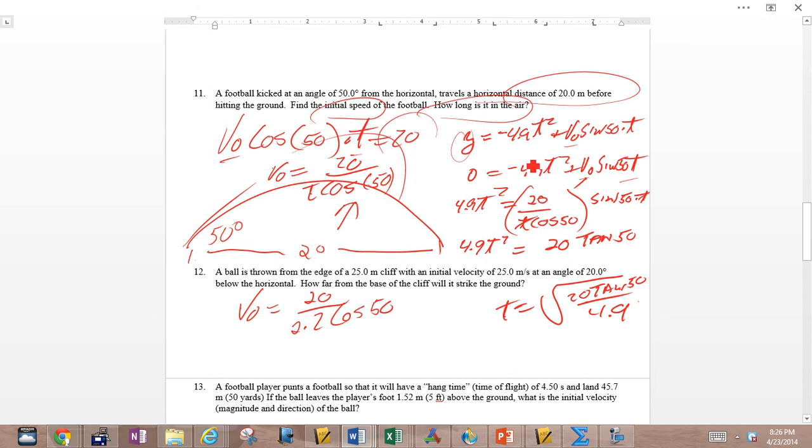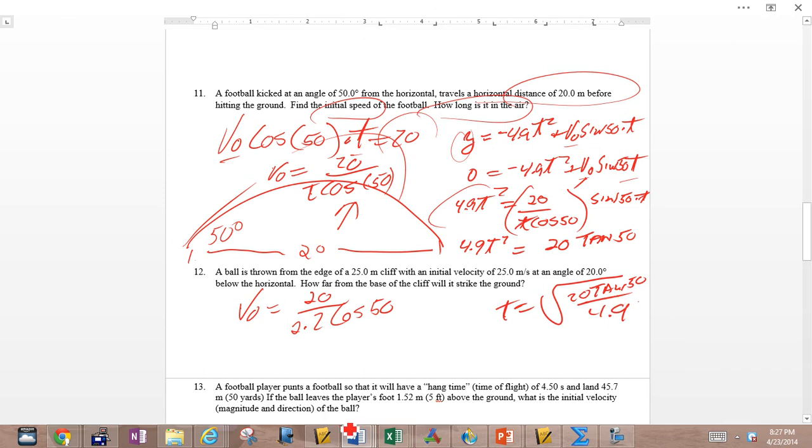I'm going to do a substitution. I'm going to come over to this equation and swing the negative 4.9 t squared over here, making it positive. I'm going to plug in my v0 as 20 over t cosine 50. I get a nice cancellation with my t's. I've got the sine 50 over cosine 50, which is just the tangent of 50. And so here I have 4.9 t squared equals 20 tan of 50. I can solve that for t: the square root of 20 tan of 50 over 4.9.